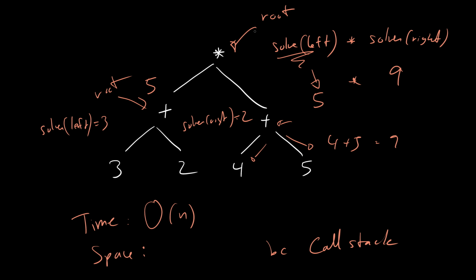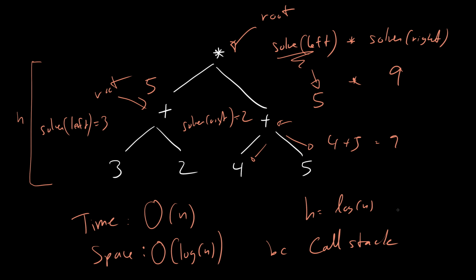Whenever we call recursion, we go down here, then here, then pop and go back to this guy, and then go here, and then pop all the way back. So the height is the maximum. It would be O of log n, because this is a balanced binary tree, and the height is basically log n.